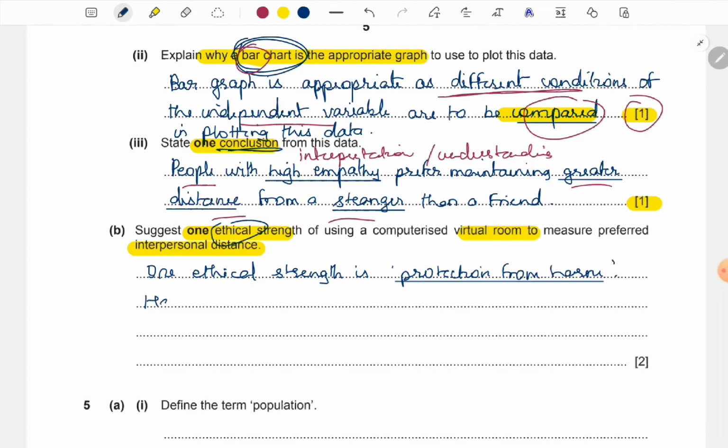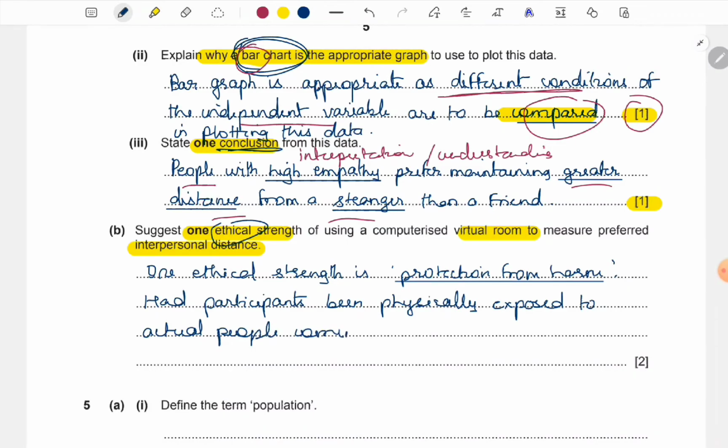Had participants been physically exposed to actual people coming close to them, many of them would have experienced distress or discomfort.